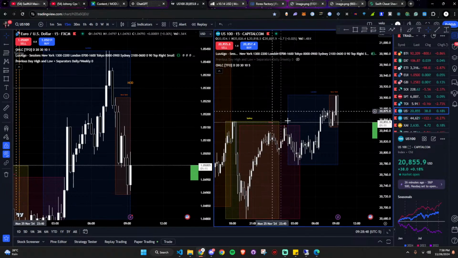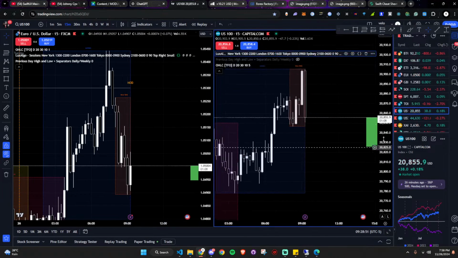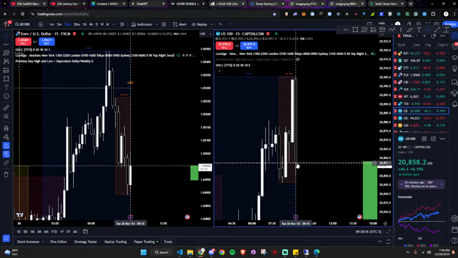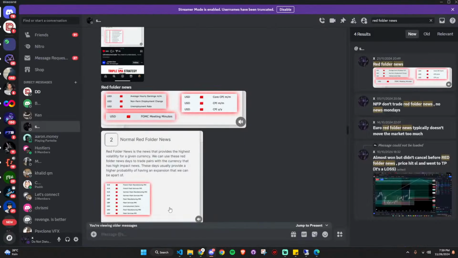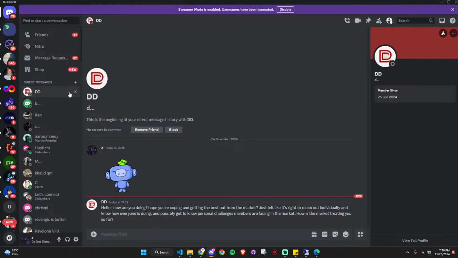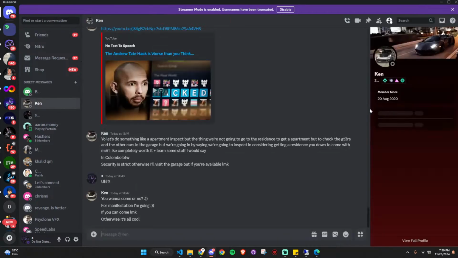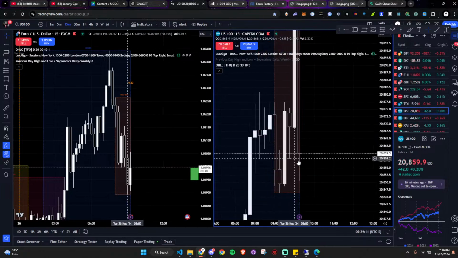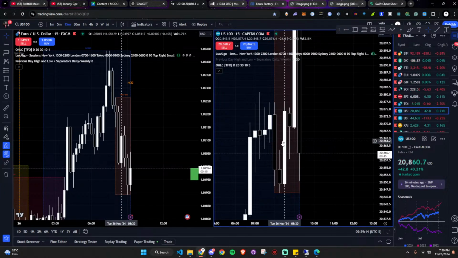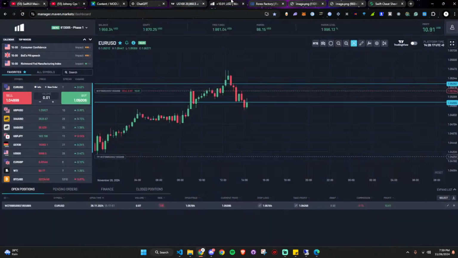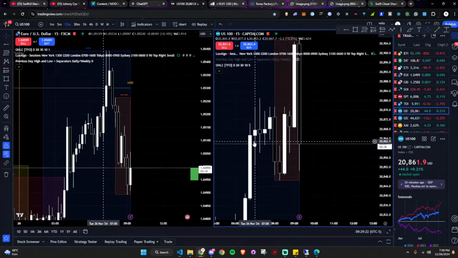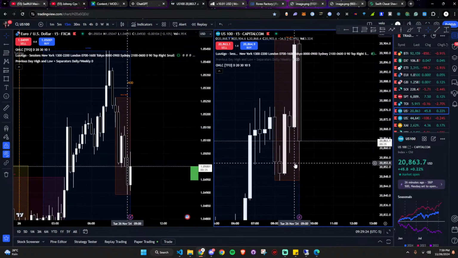Let's see. Let's hope for the best. It's rejecting this price level. Yeah, it's rejecting this. Okay, it's rejecting this wick.